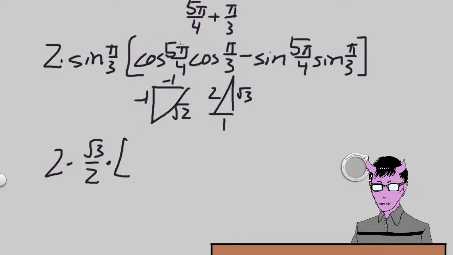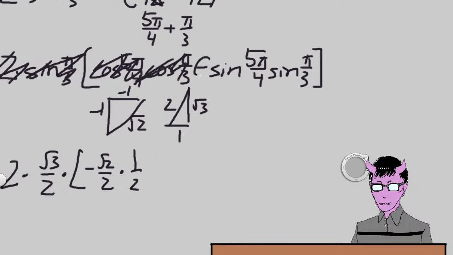Bracket time, we have this one, which is negative root 2 over 2. Times cosine of pi over 3, which is 1/2. We have a minus. Sine of that nonsense is negative root 2 over 2.